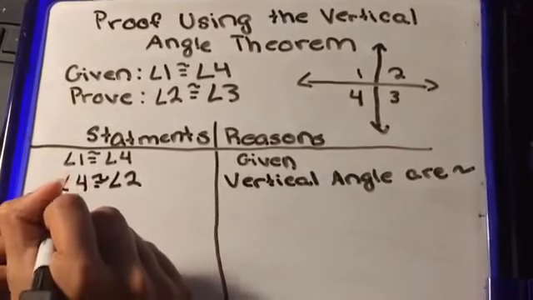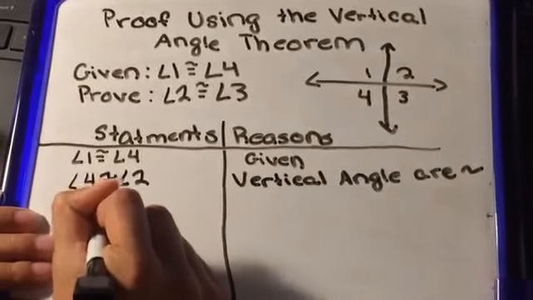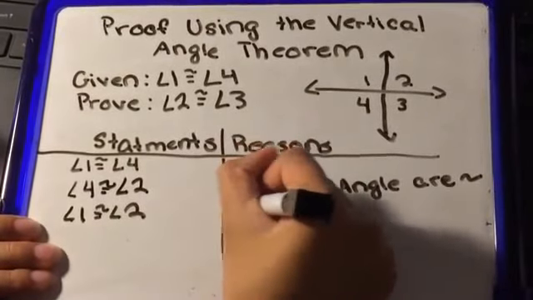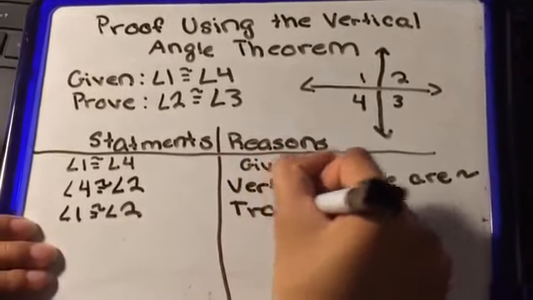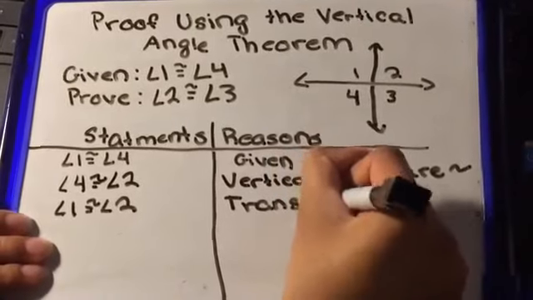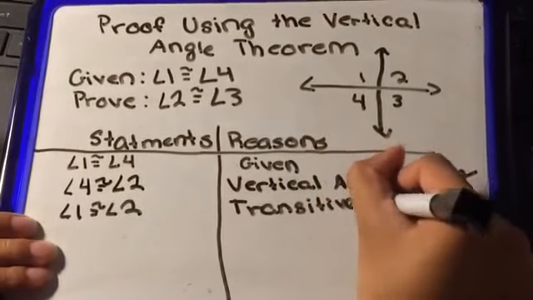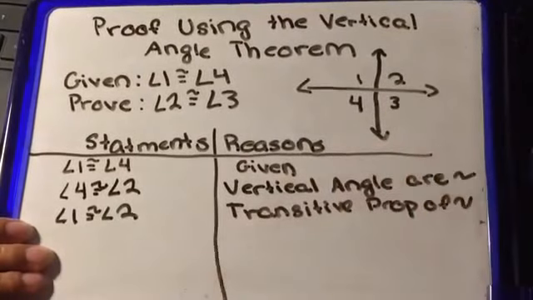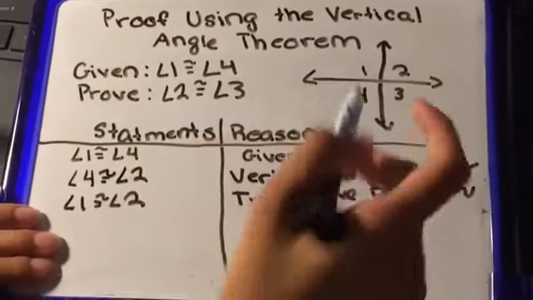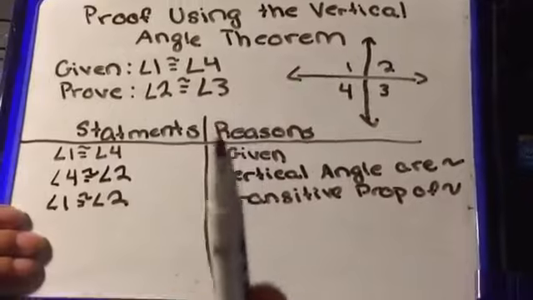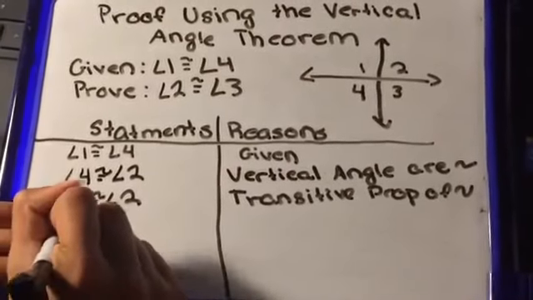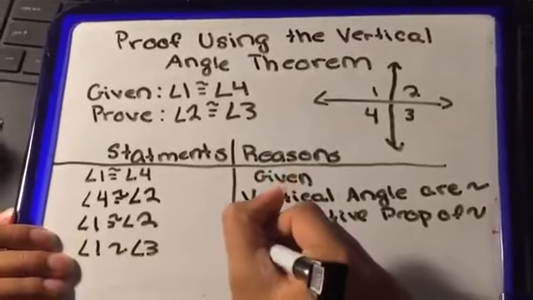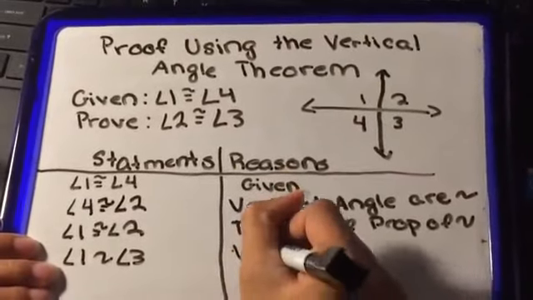Next, we know that angle 1 is congruent to angle 2 because of the transitive property of congruence. Now we know that angle 1 and angle 3 are vertical, therefore we know that angle 1 is congruent to angle 3 because vertical angles are congruent.